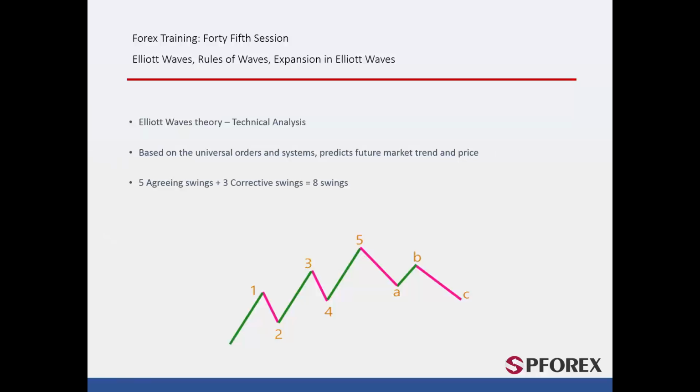Numbers 1, 3 and 5 are the major swings with agreeing direction to the major trend, while numbers 2 and 4 are reversal major swings. Swings 1, 3, 5 and B are agreeing, and swings 2, 4, A and C are reversal.